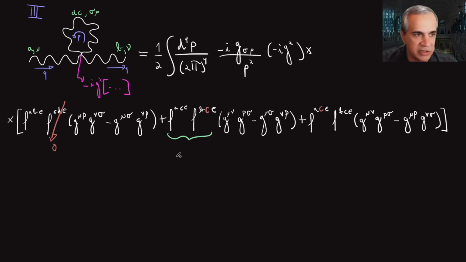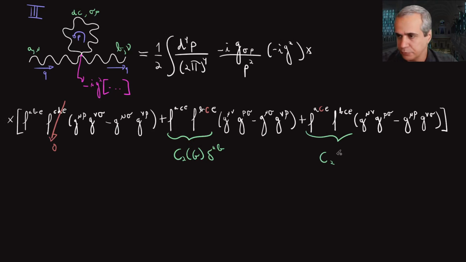So this is just the Casimir in the adjoint representation times delta AB, and the same here. So C2G delta AB. So you see the color structure is the same in these two surviving pieces. This is 0, this goes away. So these two surviving pieces have the same color structure, which I can bring out.